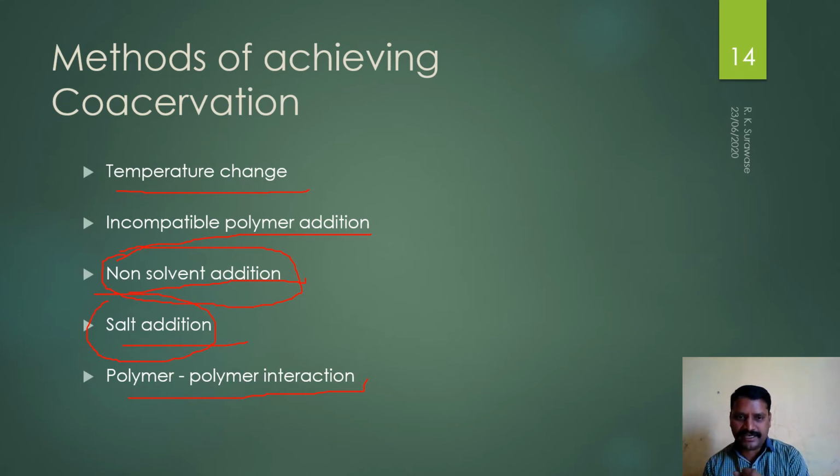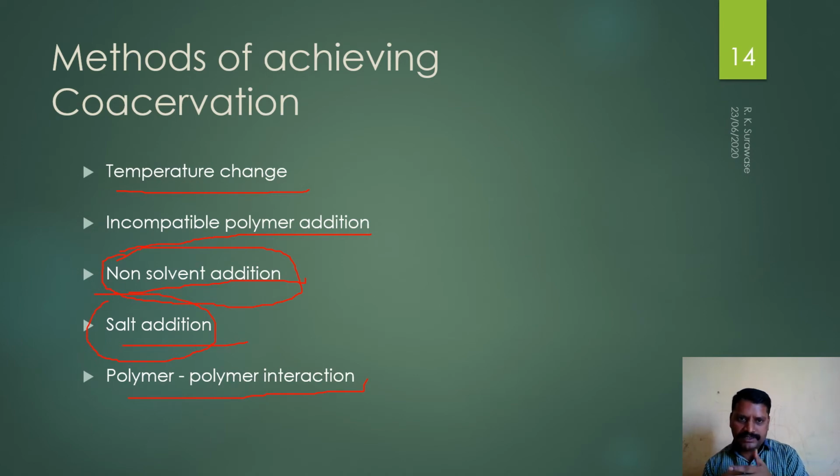Polymer interaction: suppose two oppositely charged polymers, two polyelectrolytes, will interact with each other at specific temperature condition or concentration. So these two polymers will be responsible for the separation of phases. So these are the different methods, the approaches generally used in formation of microcapsules by a coacervation phase.